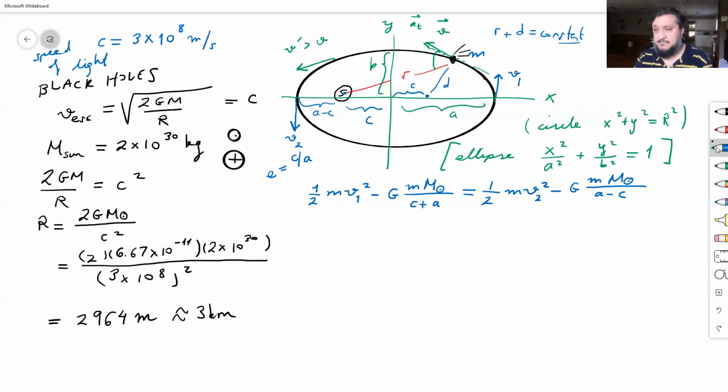So Kepler did observations on planets. This was before Newton. He didn't know anything about F equals ma or Newton's gravity law. He was a student of Tycho Brahe, an astronomer, and his student Johannes Kepler.